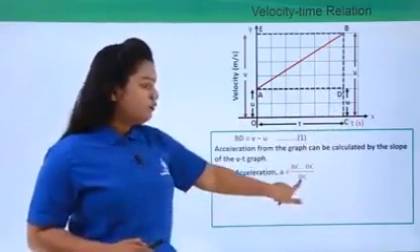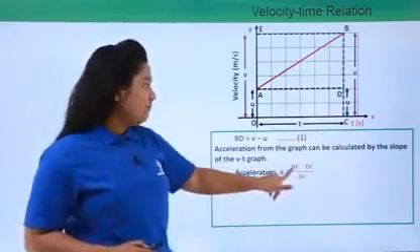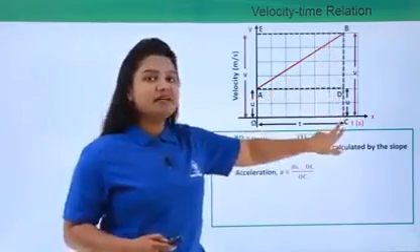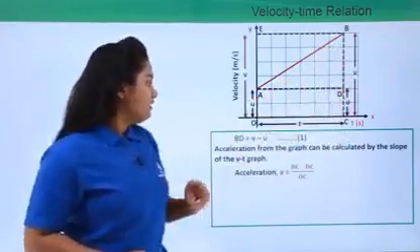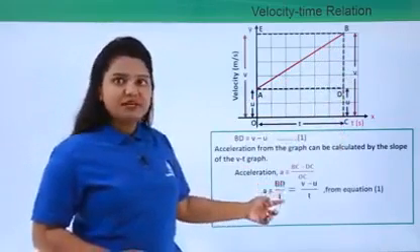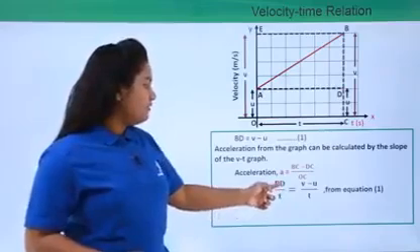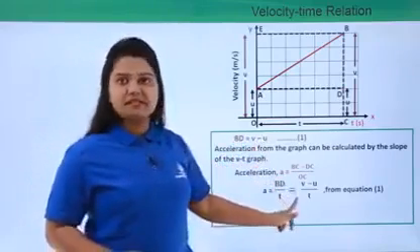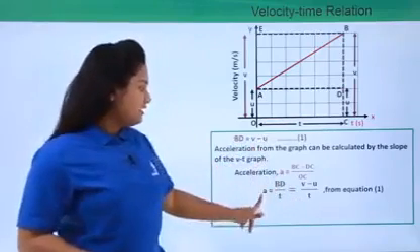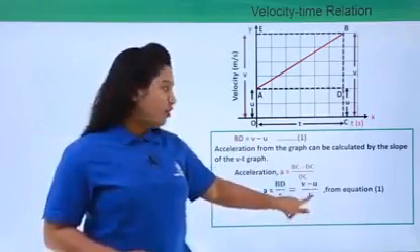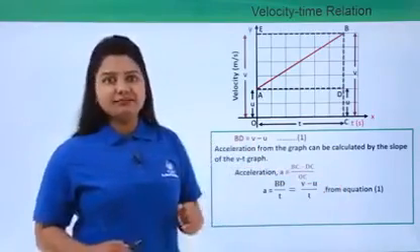So here we know OC equals t, and BC minus DC gives us BD. So here acceleration is equal to BD divided by t. And we have already found the value of BD, which is v minus u. So we'll substitute that value here. So our acceleration a becomes v minus u divided by t on using equation 1.